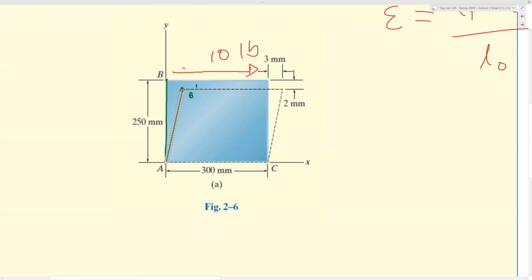Okay, so you guys see that? We went from B to B prime. So can you measure the final length of the AB prime?